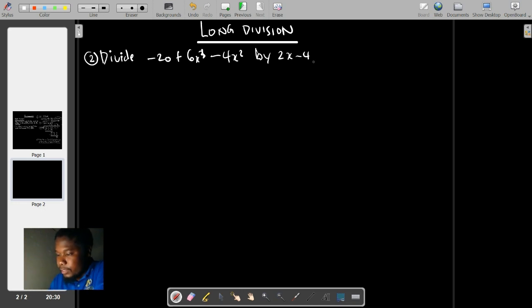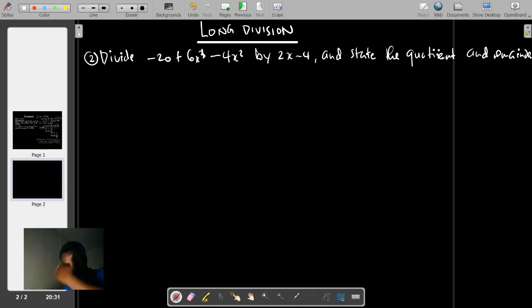And then they're saying instead, state the quotient and remainder. Okay, so they want us to state the quotient and the remainder. All right, let's write this down.